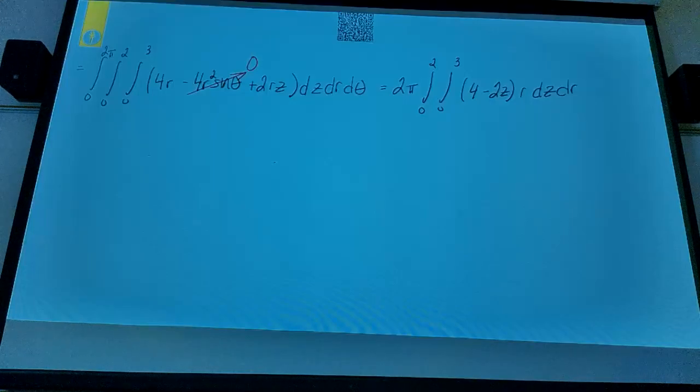Because now I'm going to integrate with respect to r. That 4 minus 2z is a constant in terms of r. r squared over 2. Factor out the 2 as well. r squared from 0 to 2 is just 4, isn't it?